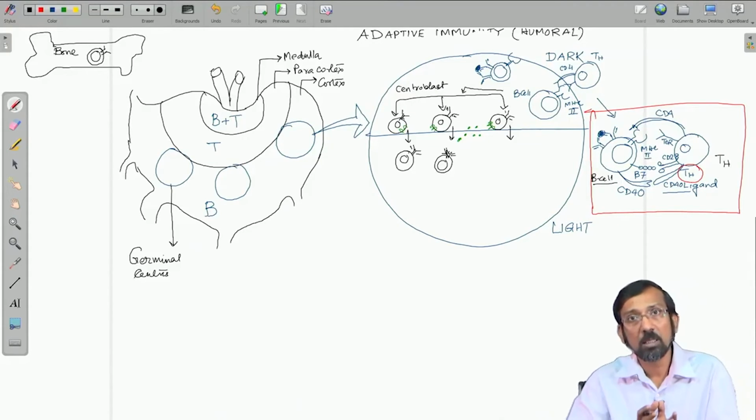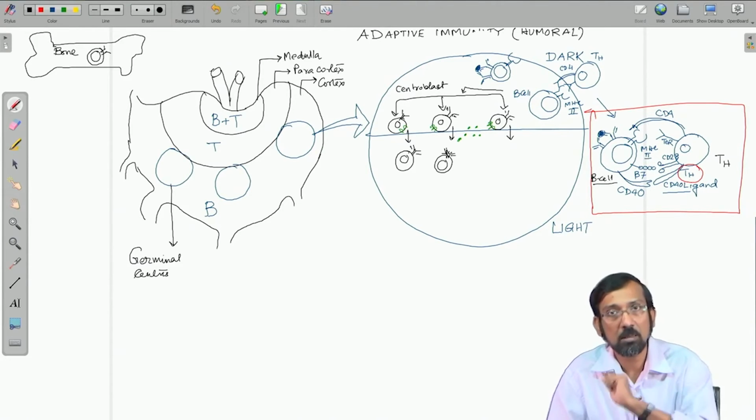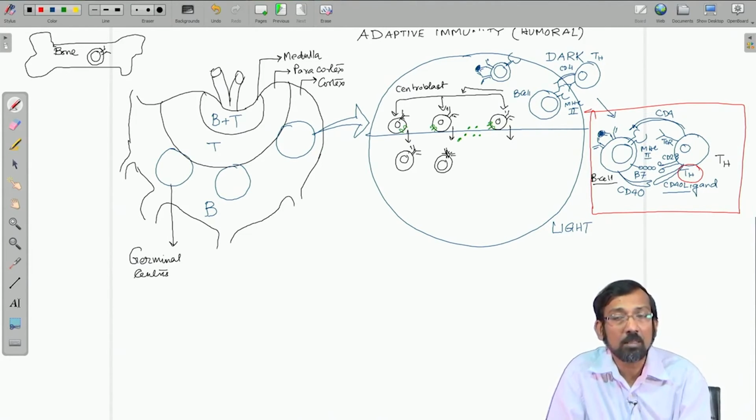So, similarly, there are specialized cells which are waiting in this light zone, and these are the follicular dendritic cells and the T follicular helper cells.